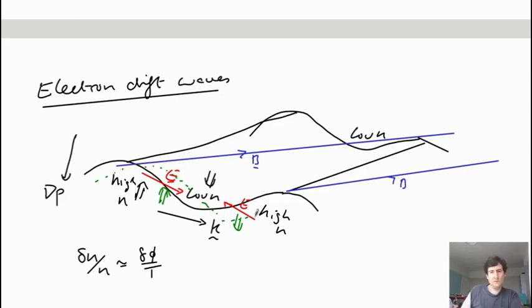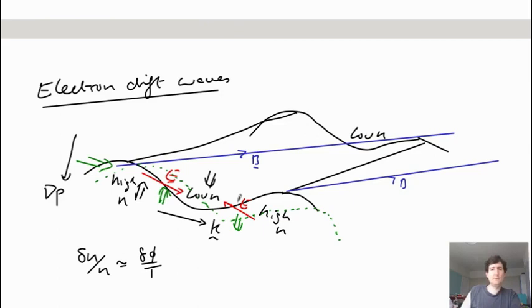So it's moving this part down, this part's going up, and so the wave propagates in this direction. So the phase speed moves like this. The E cross B velocity is moving upwards here and downwards there, and the whole wave propagates in the direction which is perpendicular to B and perpendicular to the gradient of density.